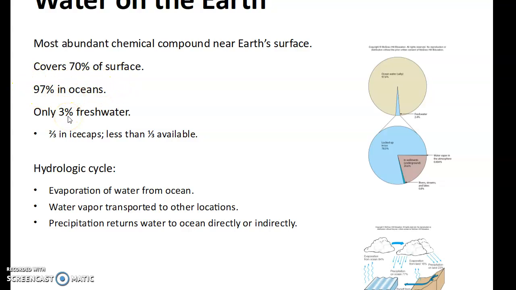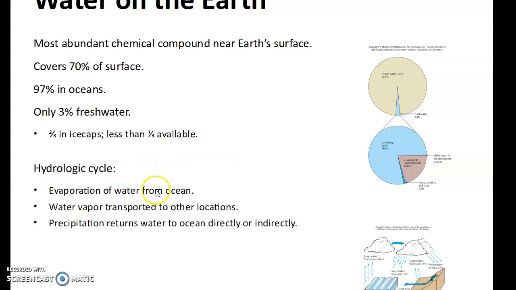Only 3% is fresh water. 2/3 of that is in ice caps. Less than 1/3 is available to us. Okay? So that gives you an idea how valuable those ponds and lakes and streams are that we have, and why everyone wants a place on the lake shore.